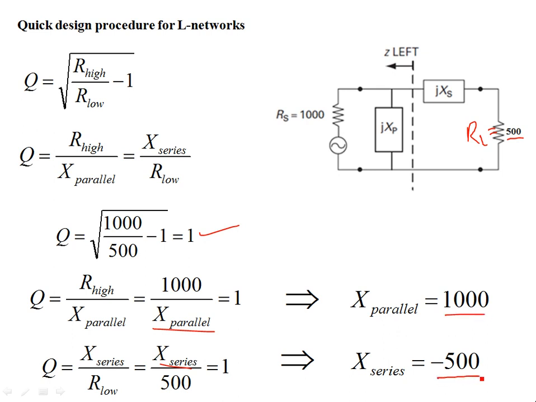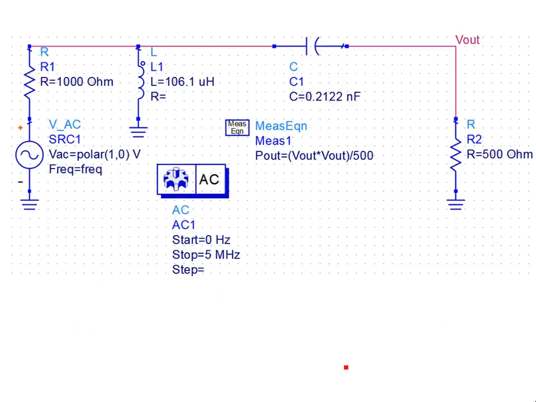Again, there's a lot of difference between these two numbers, and from these two numbers at the design frequency of 1.5 megahertz, same design frequency, you can evaluate the reactances. X parallel is your inductive reactance, and this is your 1 over omega C, so it comes with a negative sign. You can evaluate the inductance and capacitance values, and this is what you get in the circuit.